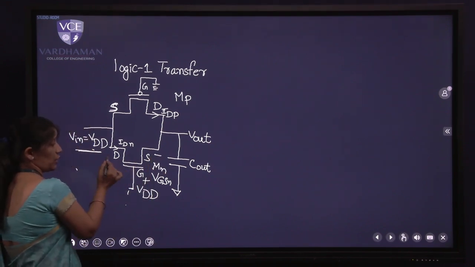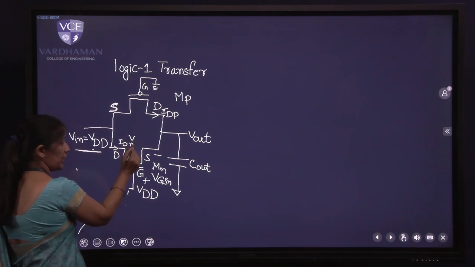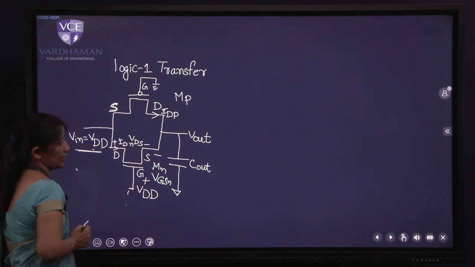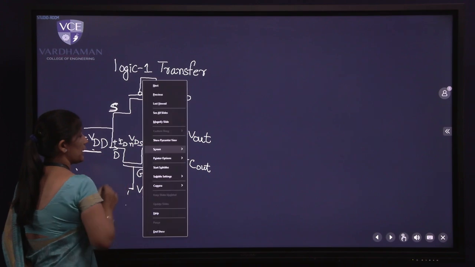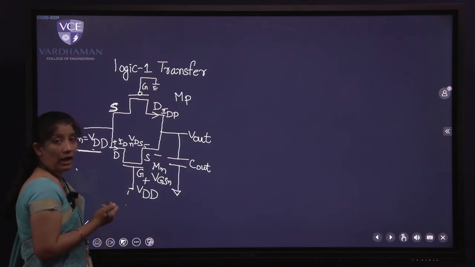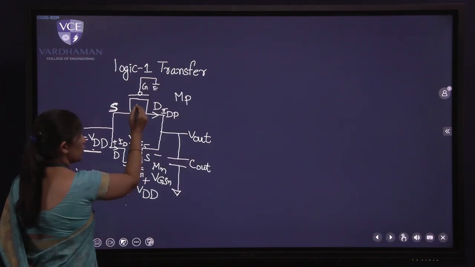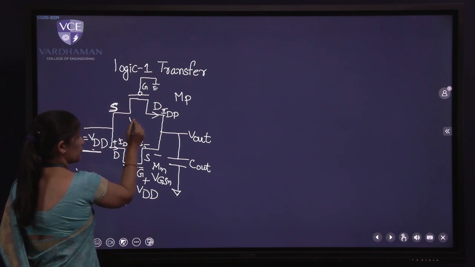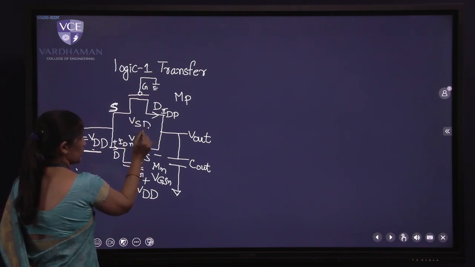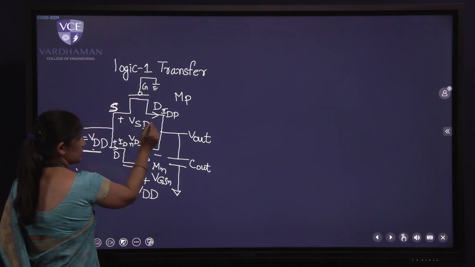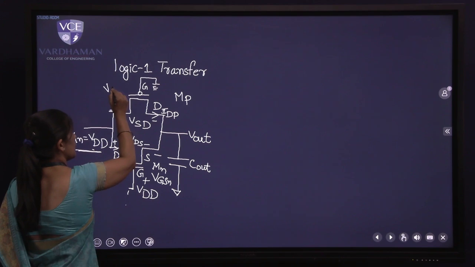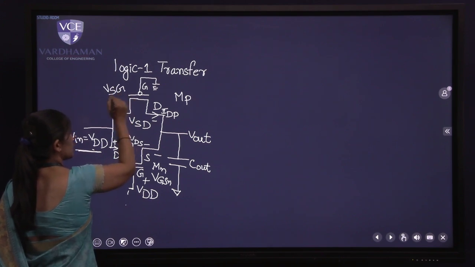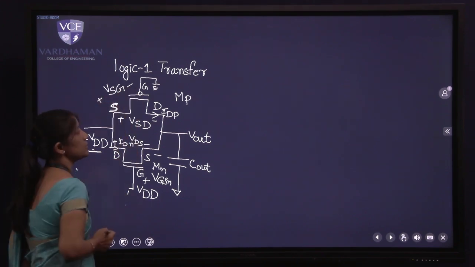Similarly, for VDSN, drain is positive, source is negative. This is for my NMOS transistor with the suffix N. Same thing for the PMOS transistor: I take VSD, this is plus, this is minus. The gate to source voltage for PMOS is VSG, so I write VSG here, this is plus and this is minus.